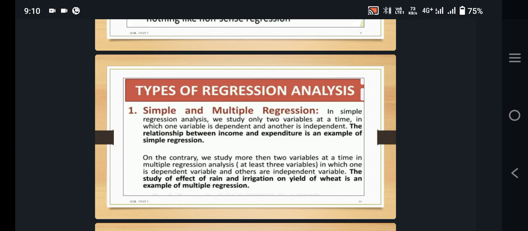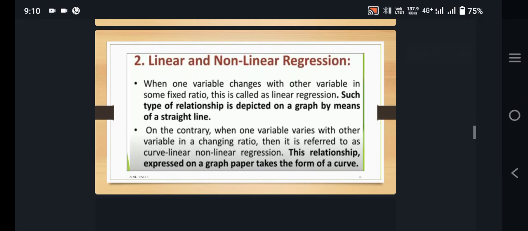In multiple regression, more than two variables are analyzed at a time, in which one is dependent variable and others are independent variables. The study of effect of rain and irrigation on yield of wheat is an example of multiple regression.